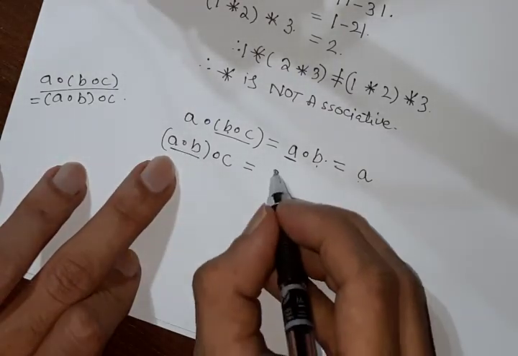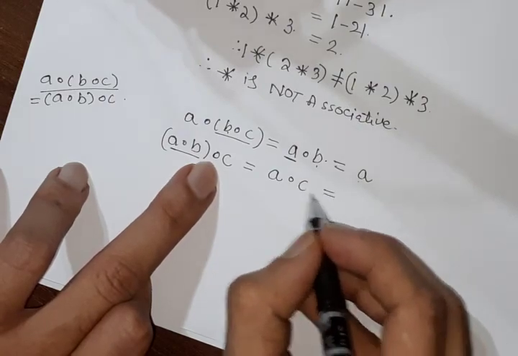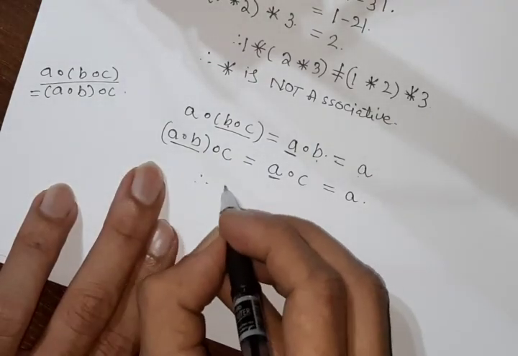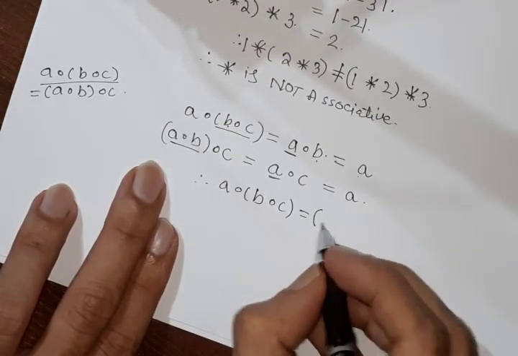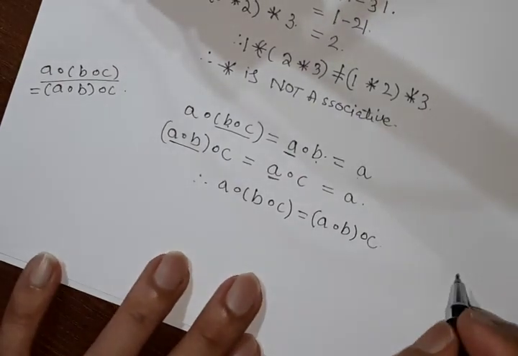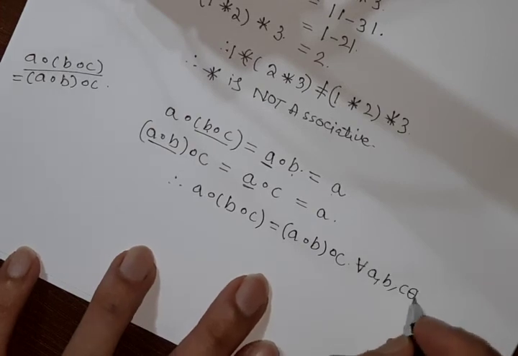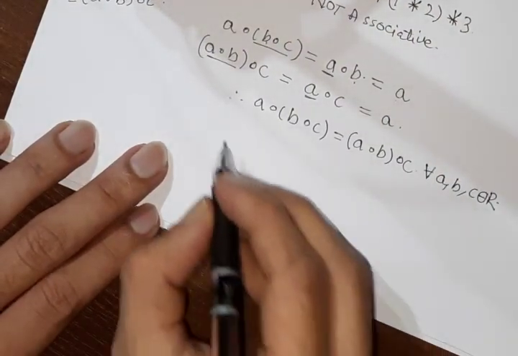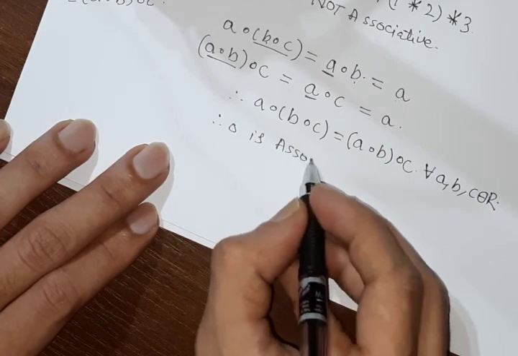A O B is nothing but A, then A O C, which is equal to the first element A. So therefore A O (B O C) is equal to (A O B) O C. Now this is true for all A, B, C belonging to the real numbers. So therefore what you get, O is associative.